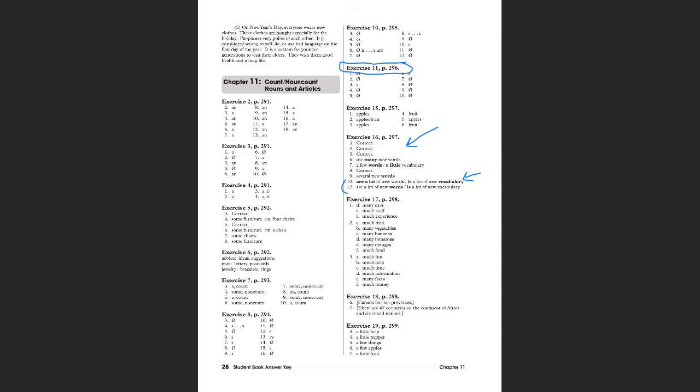Okay, guys, any questions? Can you, on number 8, can you add some in the place of a? Like he assigned some few. No, we don't use some with few.